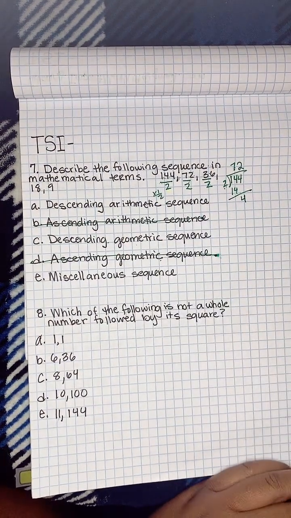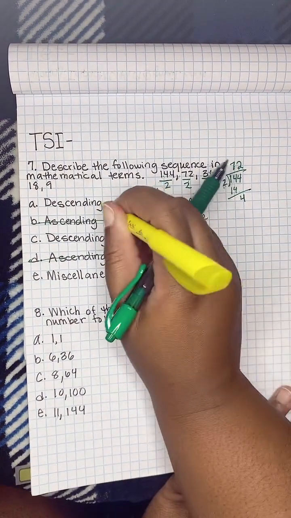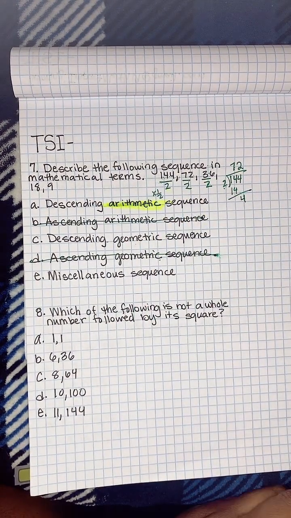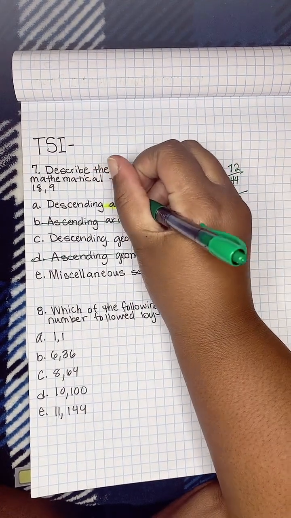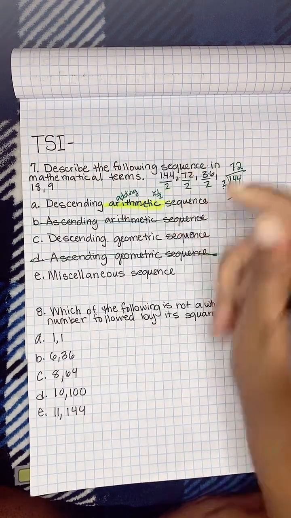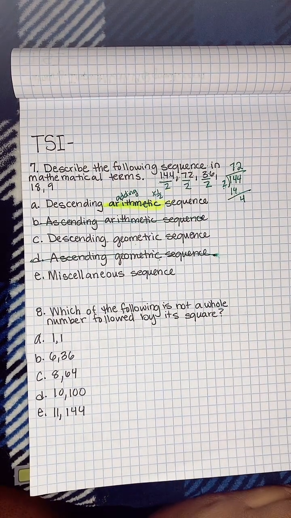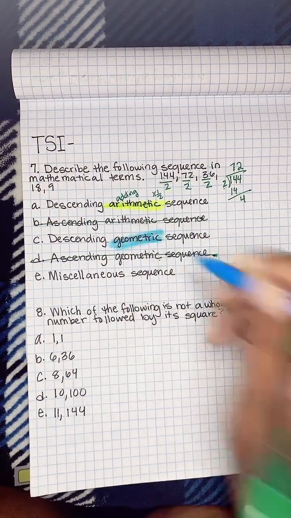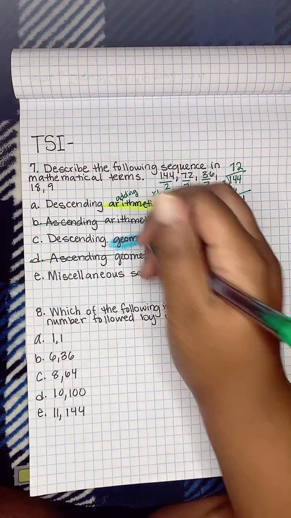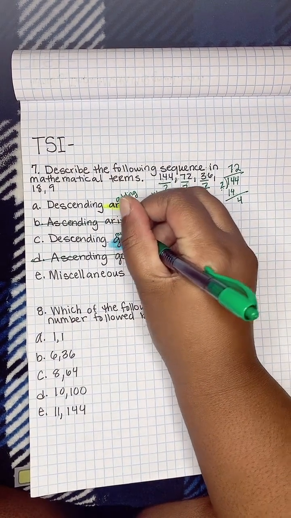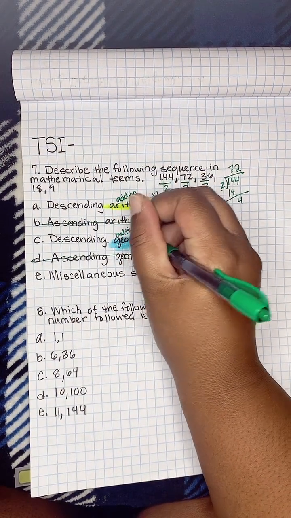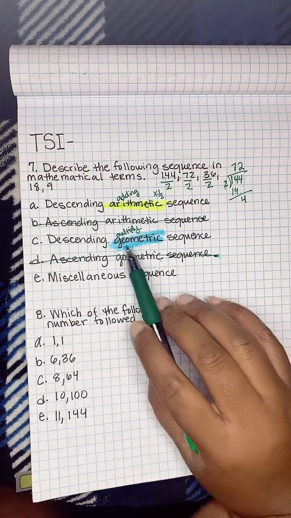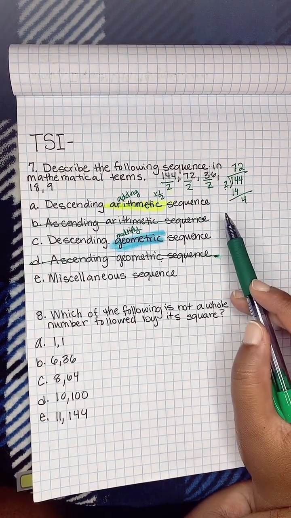Now, arithmetic. This is huge, you guys. Arithmetic means you're adding in the pattern. Geometric means we're multiplying by the same number. So we're descending. Geometric means we multiply, okay?